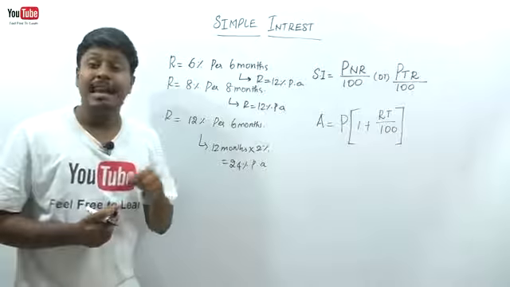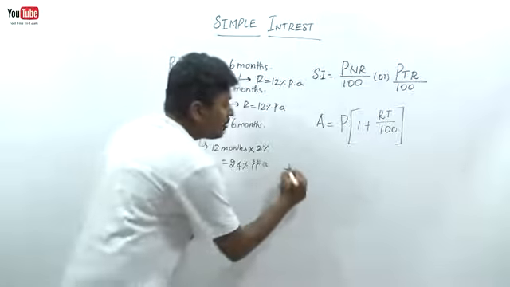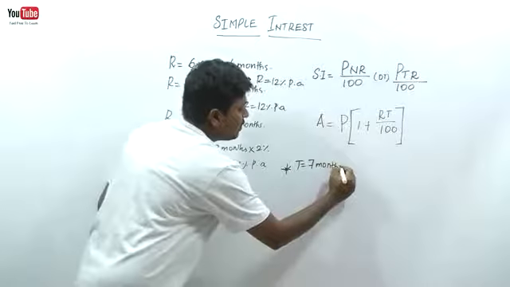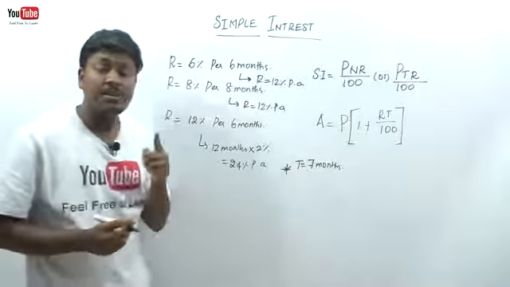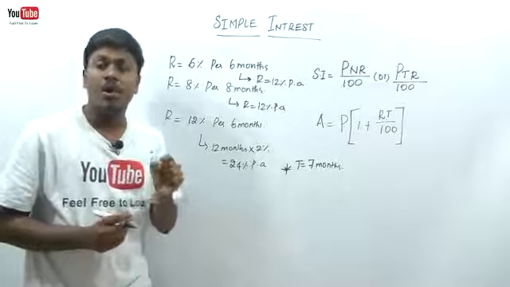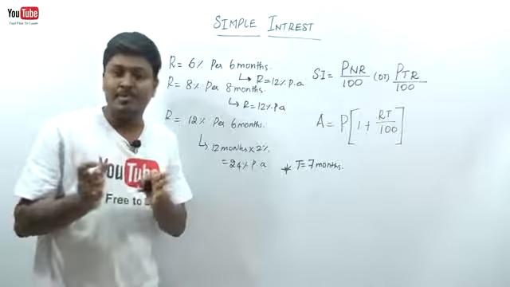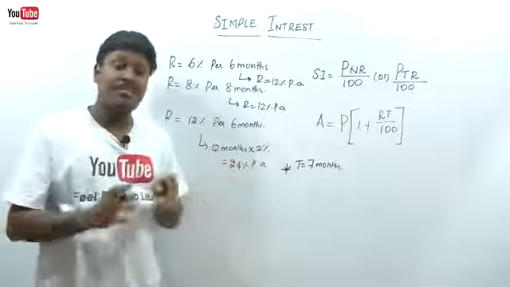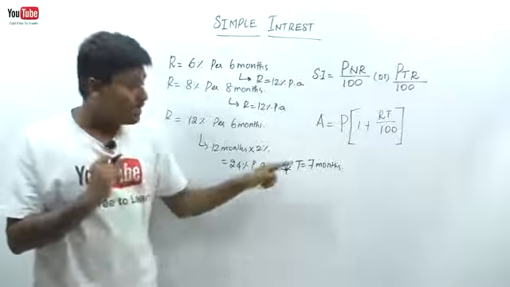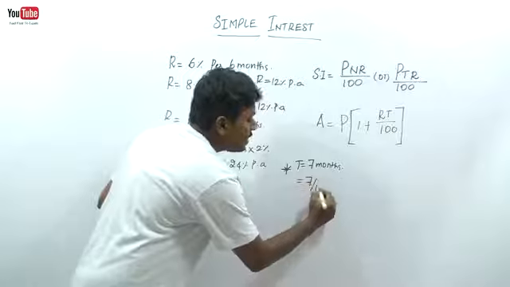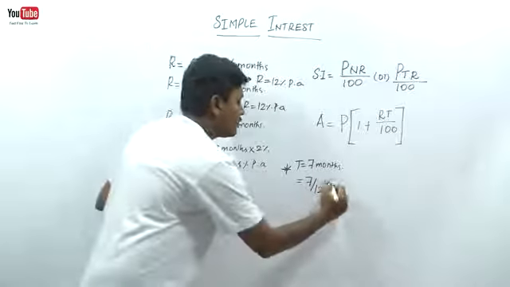Right, friends, there is another thing where people will make a mistake, that is time duration equal to 7 months. What will we do if it is 7 months? We know that time duration should always be in years, but here it is in 7 months. If it is 24 months, we can say that is 2 years. If it is 48 months, we can say 4 years. If it is 7 months, don't worry, just divide 7 by 12 years.